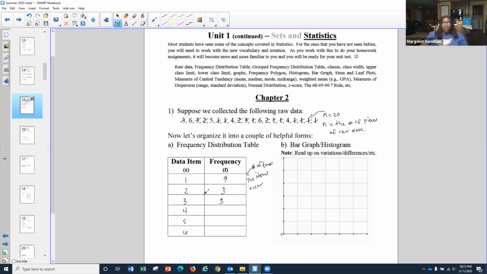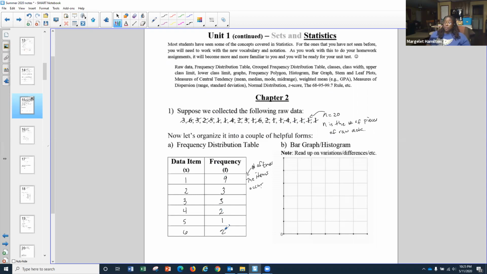The 4 occurs 1, 2 times. The 5 occurs 1 time. And the 6 occurs 1, 2, 2 times. All right, did everybody get those values?